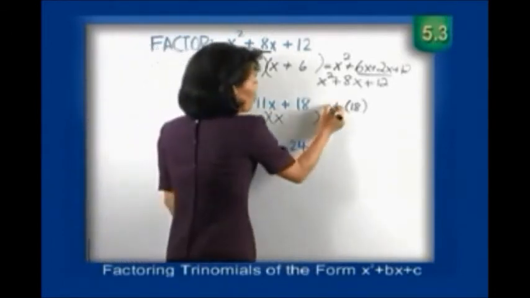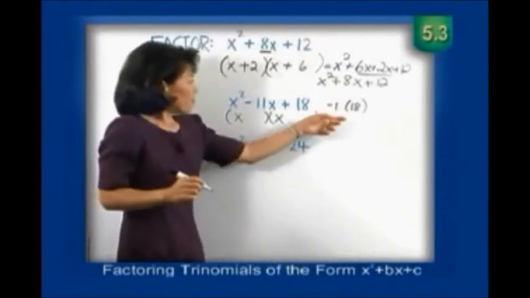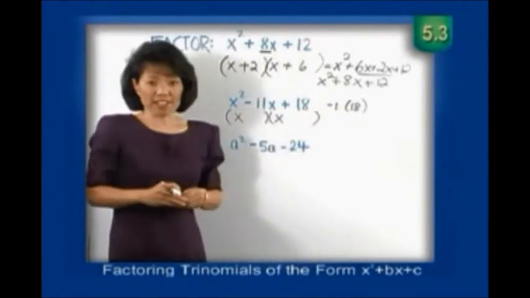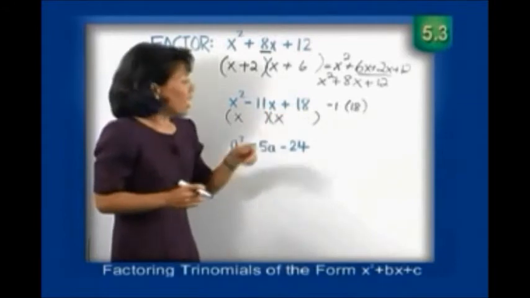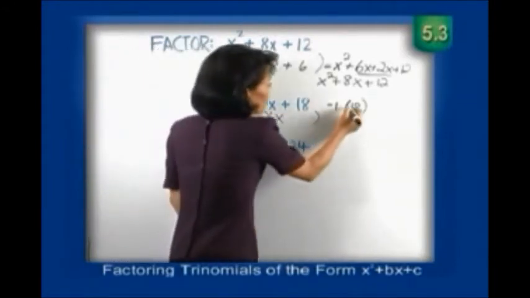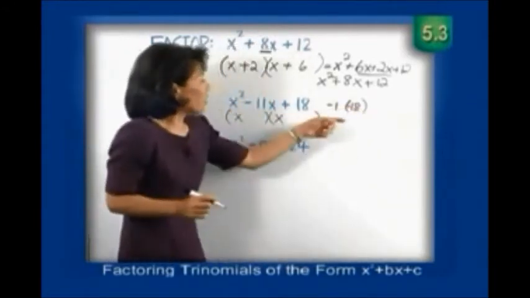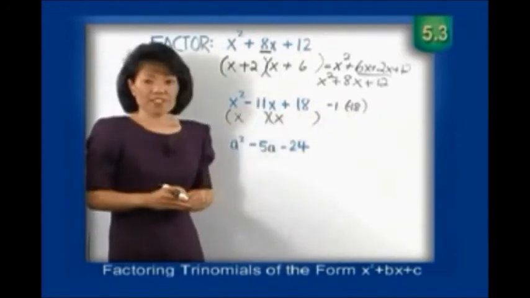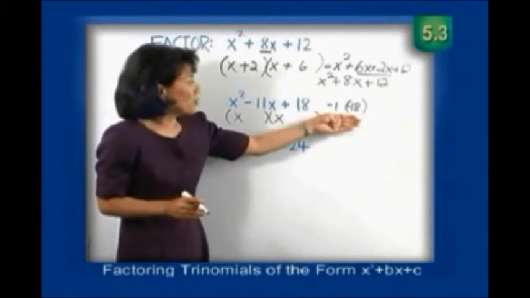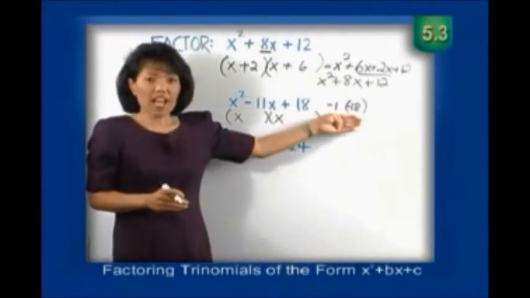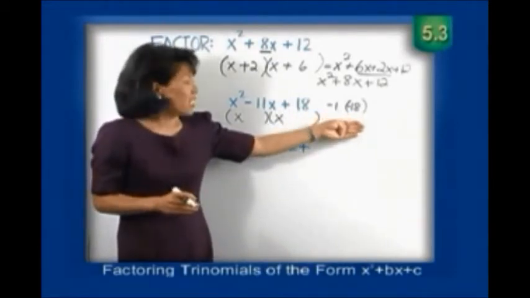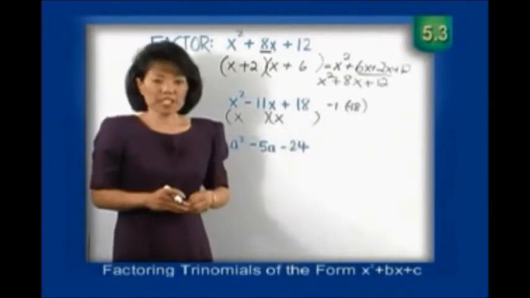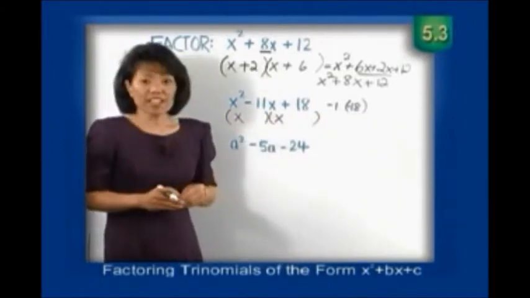If one of these is negative, then I'll have a negative product. I don't want a negative product, I want a positive product. So if I make both of these negative, that's going to give me a positive product but a negative sum. In other words, if I multiply these two numbers together, I'll get positive 18, but if I add those two numbers together, I get a negative 19.